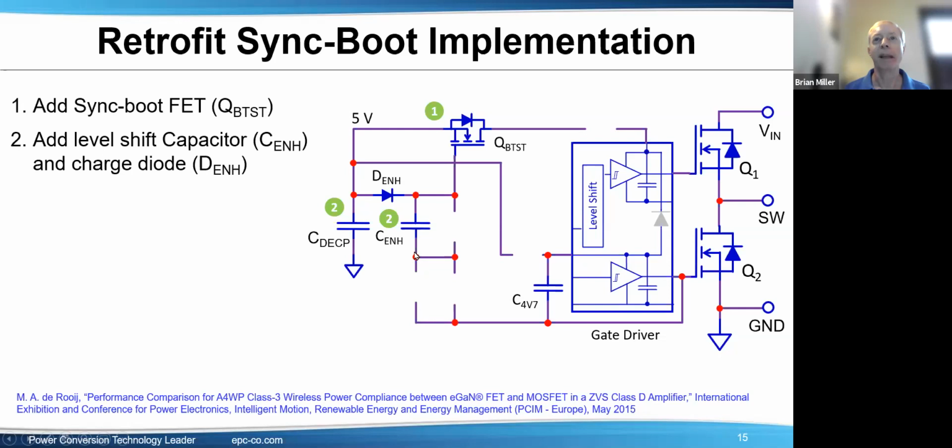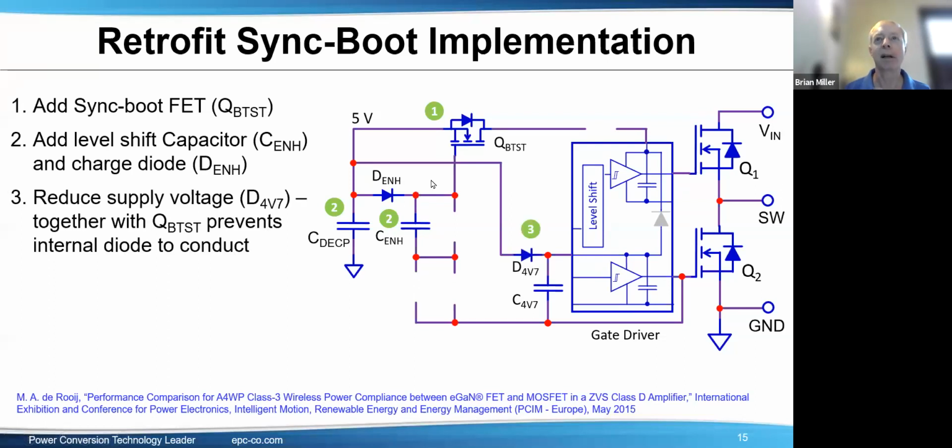And then as the negative part of this goes up, this whole thing will go up. So for example, 5 volts in here will charge this to 5 volts. But if you put 5 volts on the negative, you get 5 volts plus 5 volts equals 10 volts at this point. So just a simple charge pump. Another key is to reduce the supply voltage going into the gate driver. The reason there is to keep this diode from being forward biased.